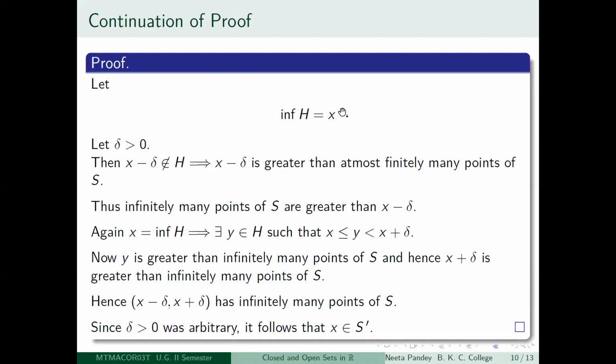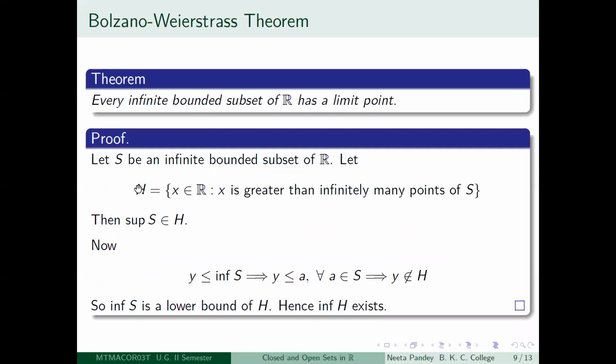We will show that little x is a limit point of capital S. How will we show this? We will take any delta positive. Then what can you say about x minus delta? x is a lower bound of capital H. So anything less than that cannot be an element of H. So x minus delta does not belong to H. What is the defining property of H?